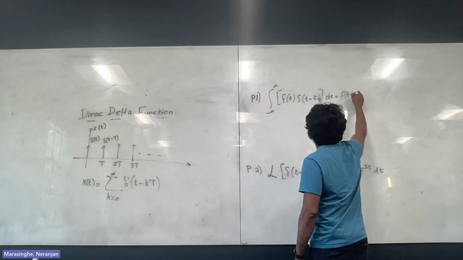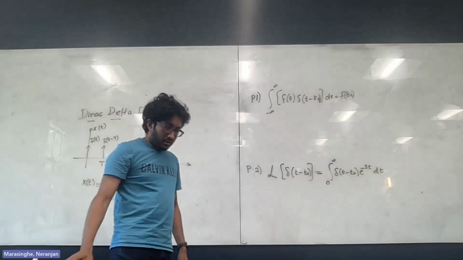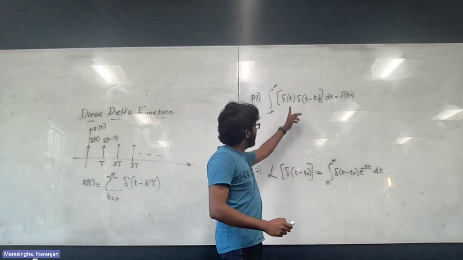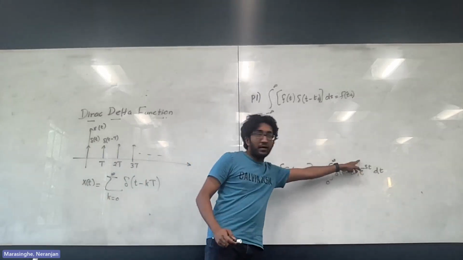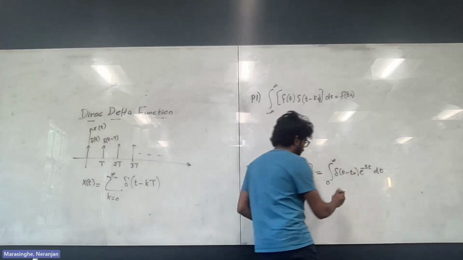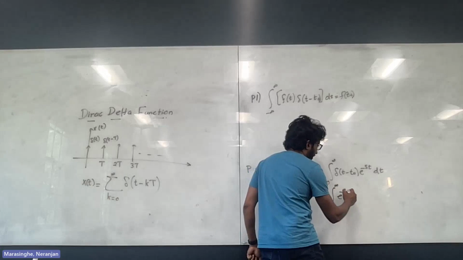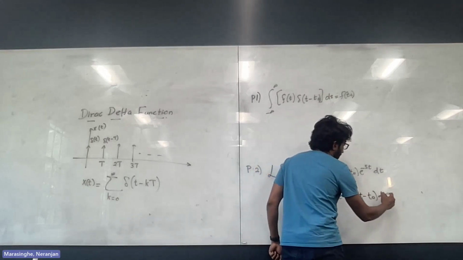This is the property that we discussed. So I can apply the same property here. Instead of f, I have e to the minus st. So I have the integral from 0 to infinity of e to the minus st delta t minus t naught dt.